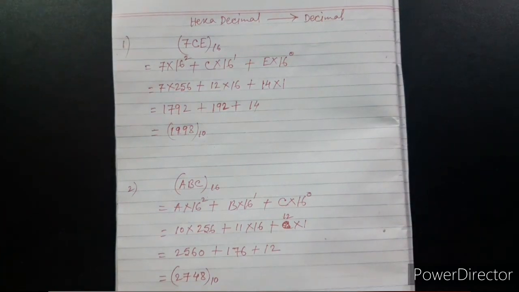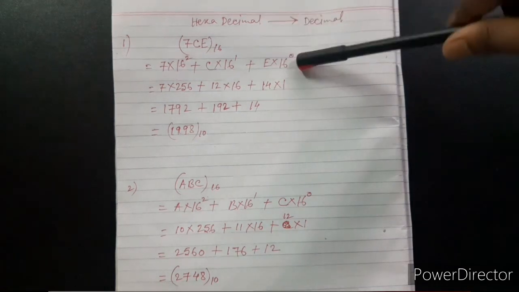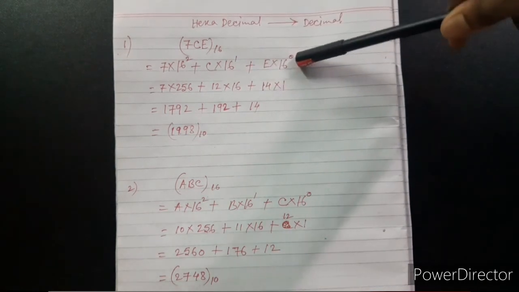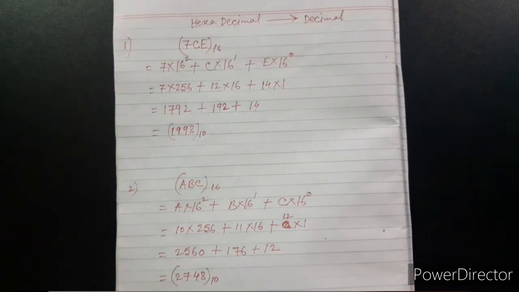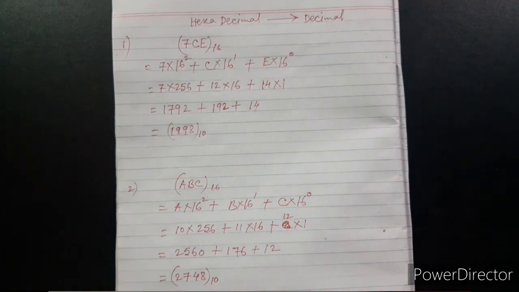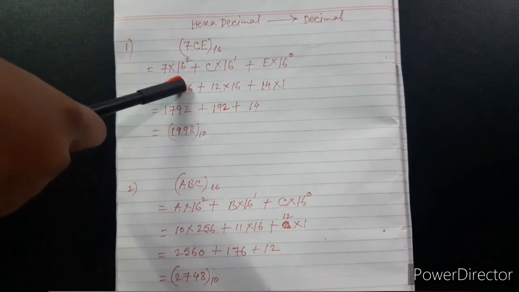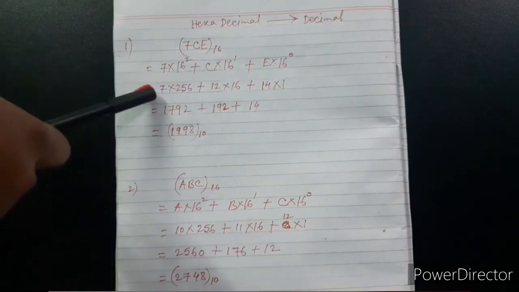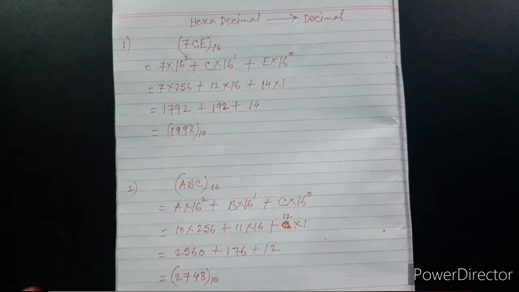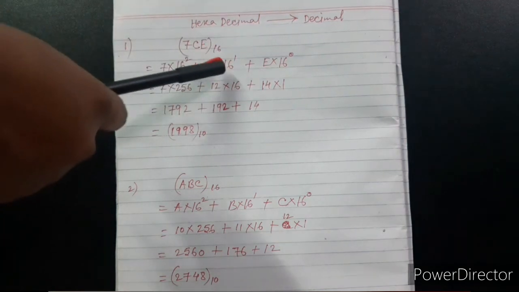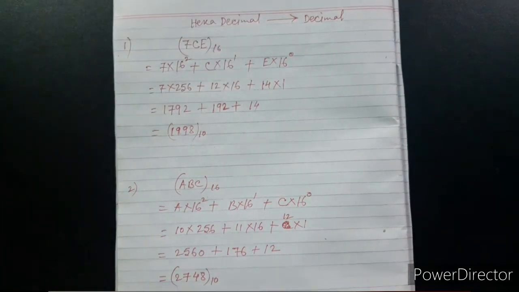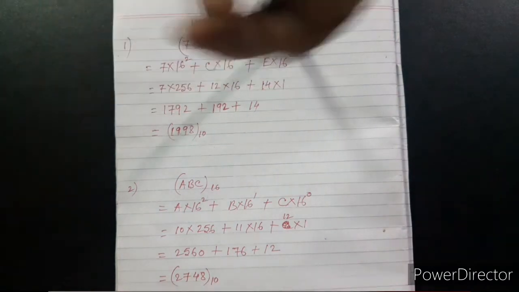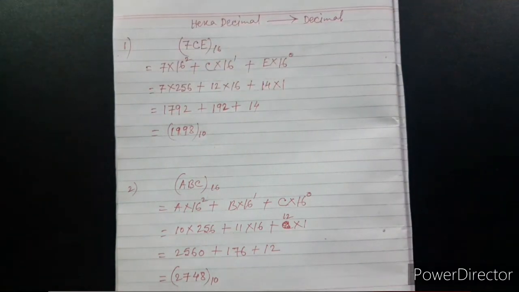But one thing to observe is that the power 0 starts from the right side and then it moves in increasing order. Okay, so 7 into 16 square plus C into 16 to the power 1 plus E into 16 to the power 0.